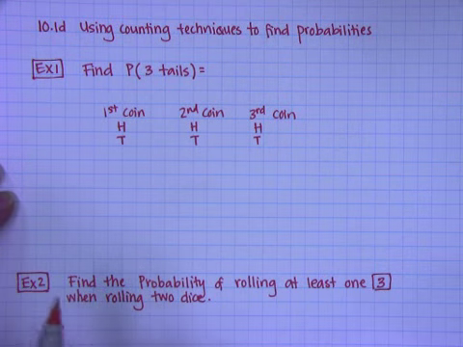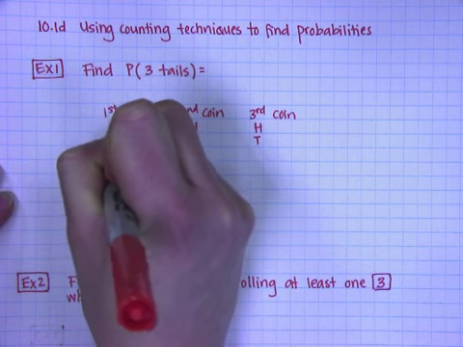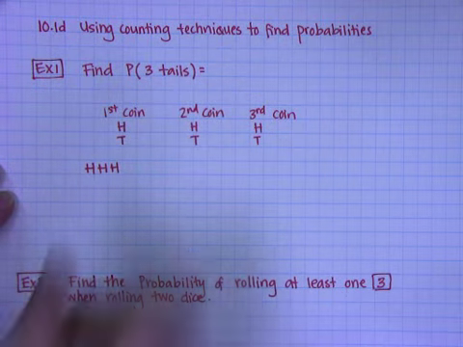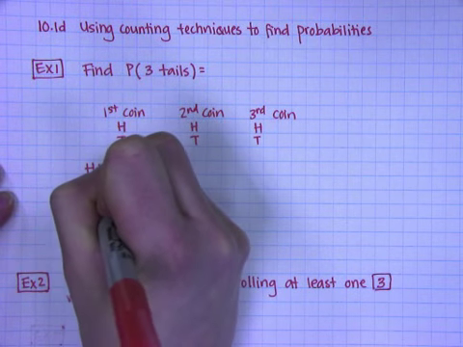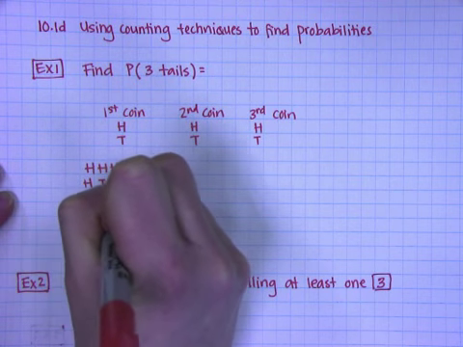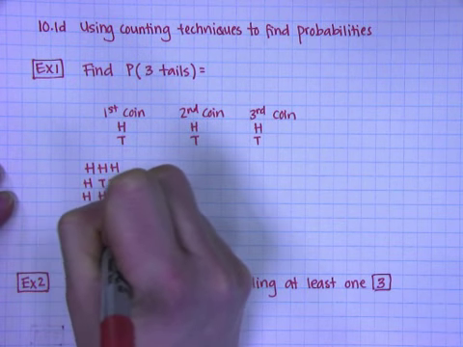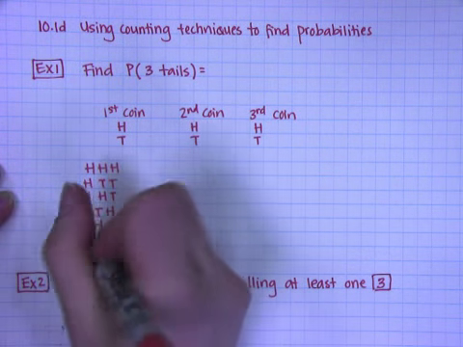Now, some different ways that you could write this out. You could write heads, heads, heads for your first 3 flips. And then heads, tails, tails. Or heads, heads, tails. Or heads, tails, heads. Tails, heads, tails. Let's see, I've got 1, 2, 3, 4, 5.